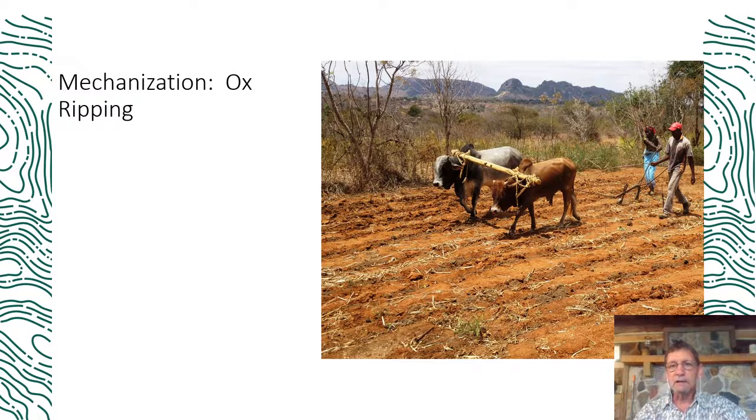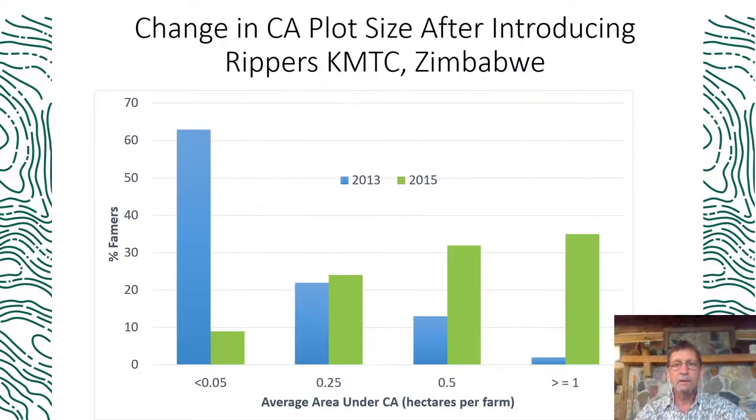This is an ox team ripping a field using a Magoye ripper. And just an example of the impact of introducing mechanization in conservation agriculture. This is a project from Zimbabwe, where in 2013, the vast majority of the participants in their project, about 65%, were still farming less than 1/20th of a hectare of land.